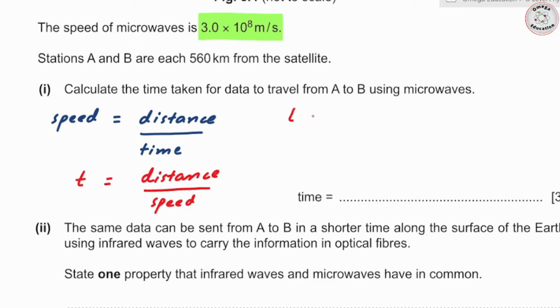So the total distance was 2 times 560 kilometers, but then you need to convert kilometers into meters. So I'll be multiplying 560 by 1000, so that would give 3 zeros followed by 560, divided by the value of speed, which is 3.0 times 10 to the power 8.